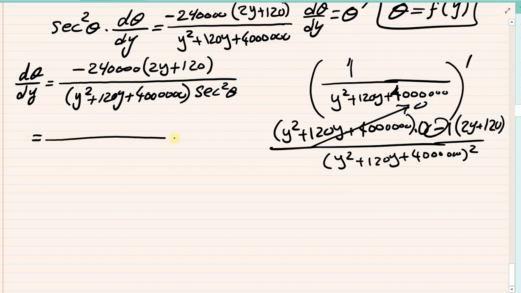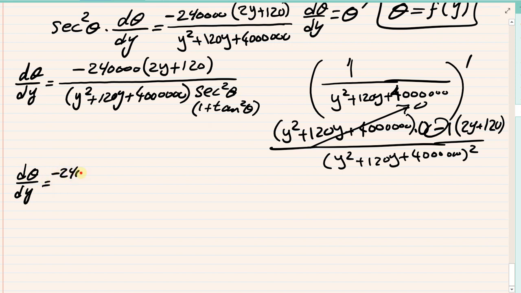So secant squared is 1 plus tan squared theta. So you can use tan squared from part B. So d theta dy is therefore going to be negative. Let me move down because it's going to take up a long line here.